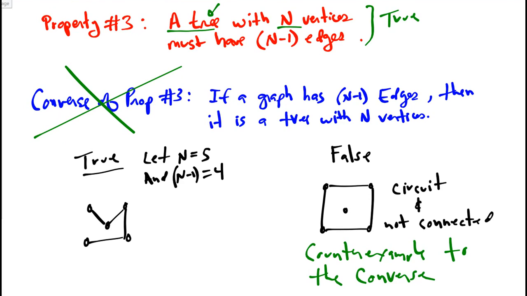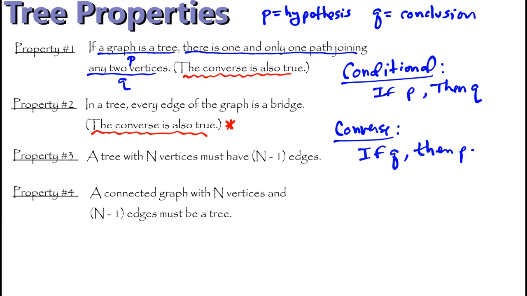Let me go back to the slide so we can see property 4. A connected graph with n vertices and n-1 edges must be a tree. And the reason this is true is because this word connected was thrown in there. If it has n vertices and n-1 edges and it is connected, it must be a tree.